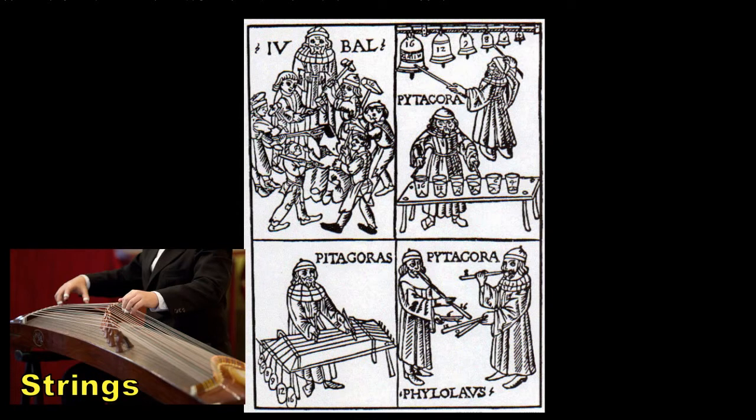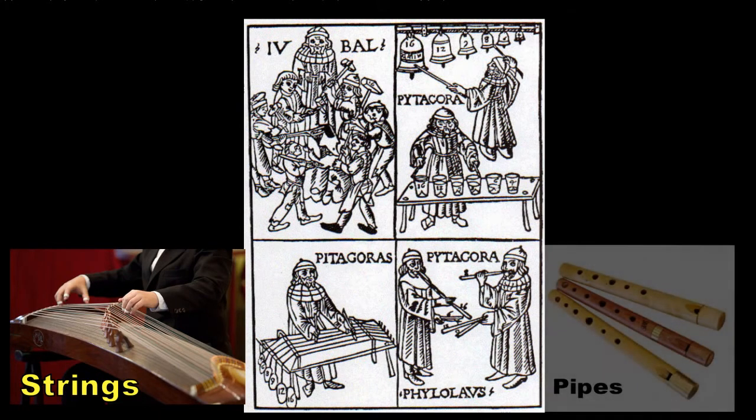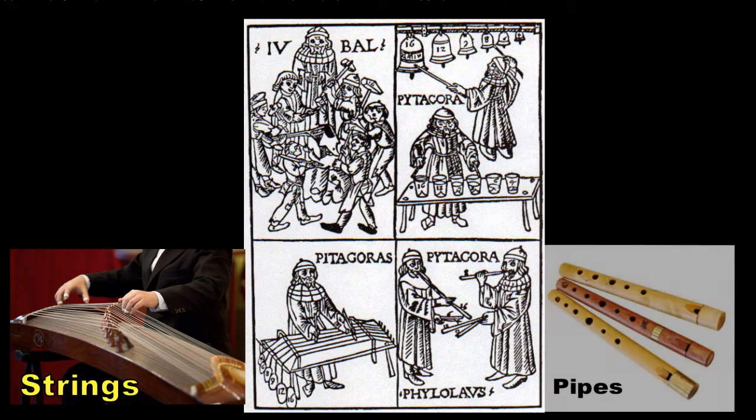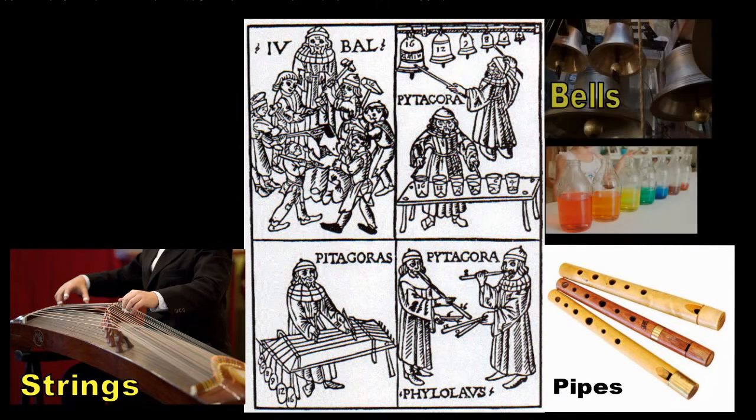You'll see that there are weights tensioning the strings: 16, 12, 9 and 8. On the pipes there as well, you'll see that there are numbers attached, the same sets of numbers, 16, 12, 9, 8, and so forth. You also see it on the bells, and also glass bottle bells or a xylophone, and again, the same sets of numbers.